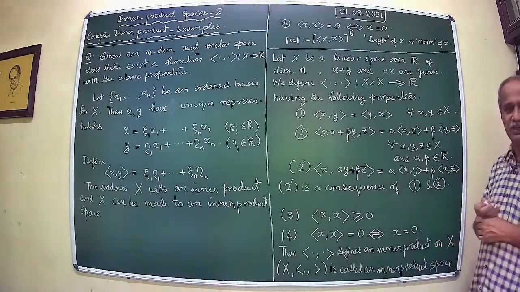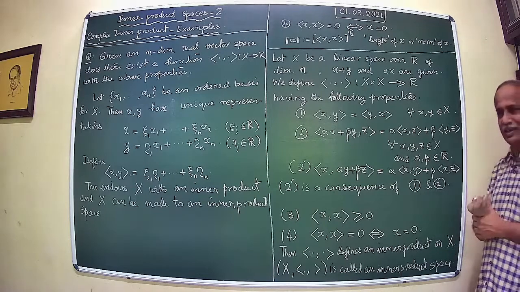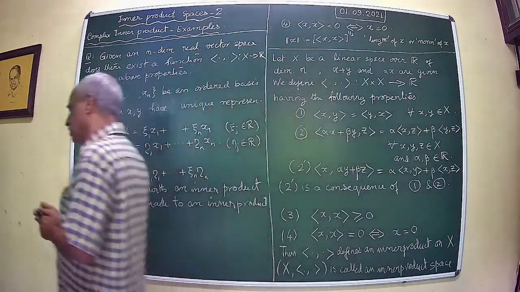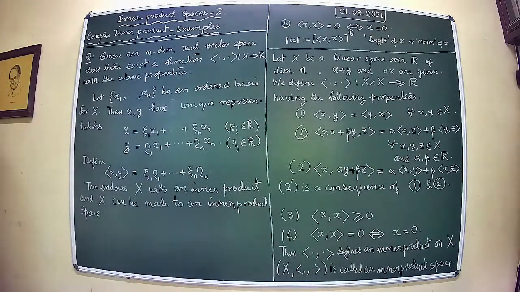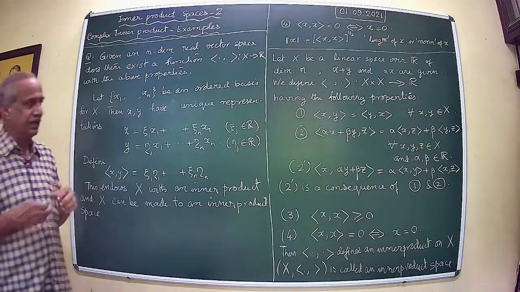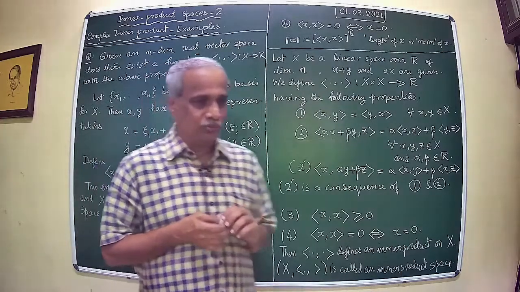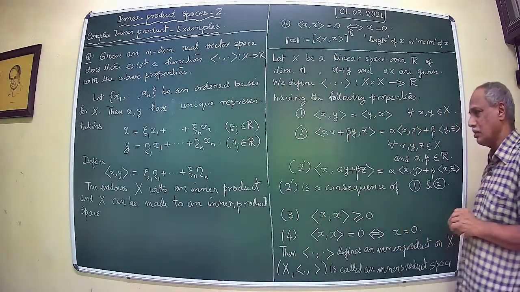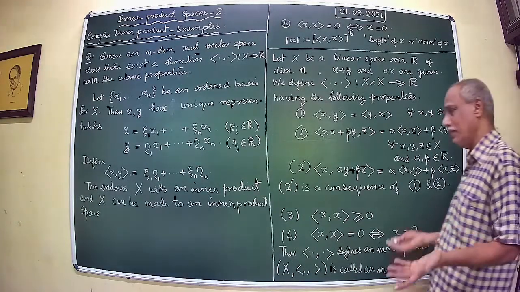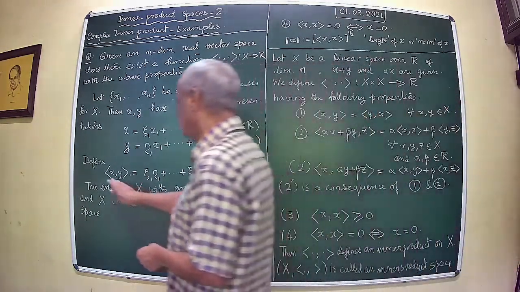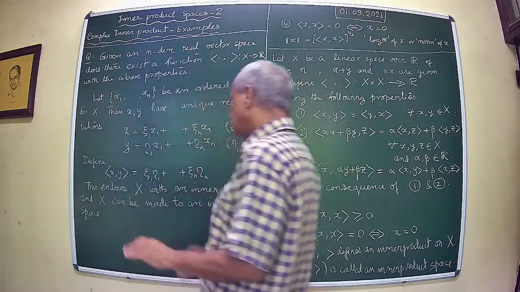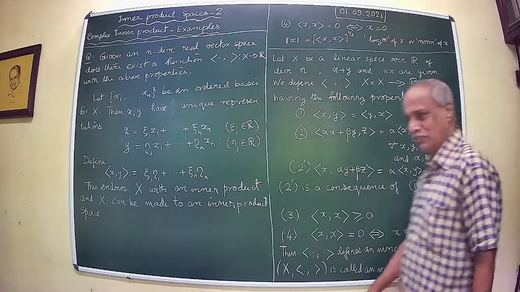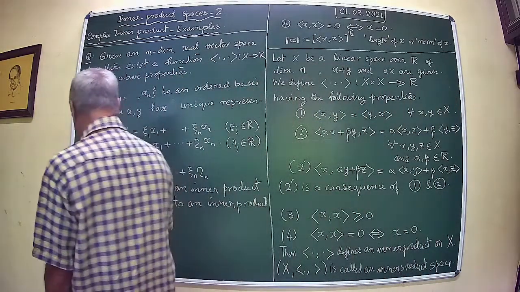In n dimension you cannot draw the picture, you cannot really have the conventional notion of the angle between two vectors, and also the notion of the length of a vector, because we don't have a pictorial view of the whole thing. Okay, so it checks with whatever we had been doing for R2 or R3. Right.